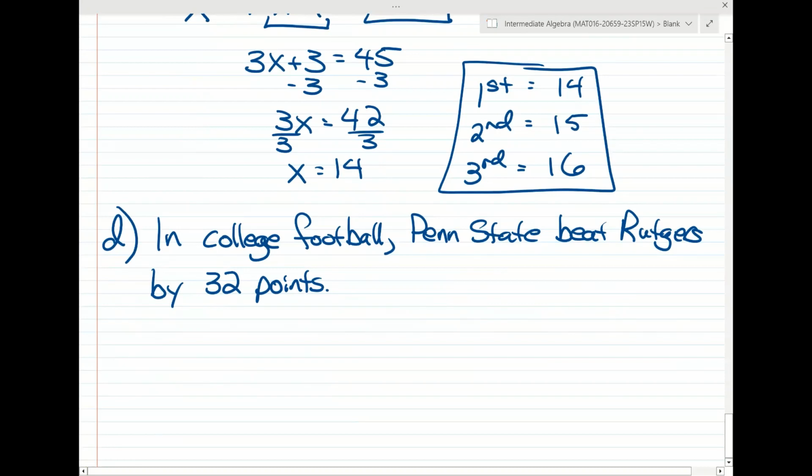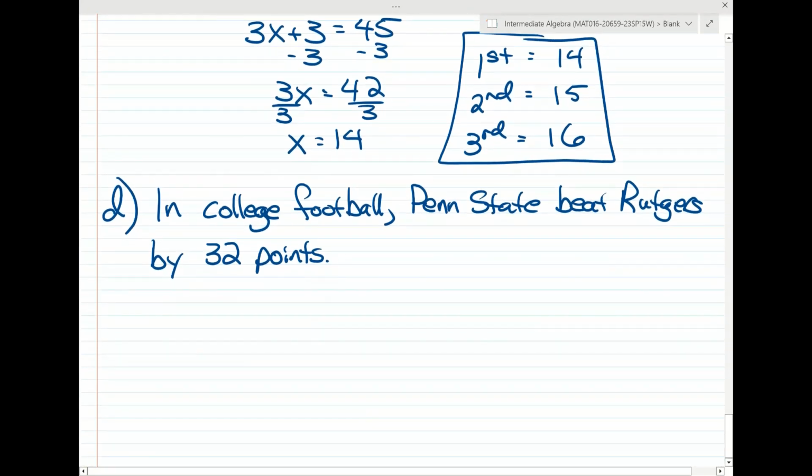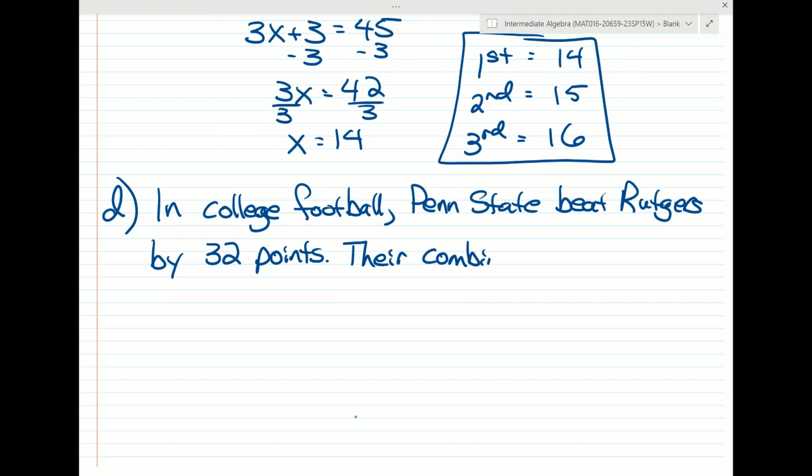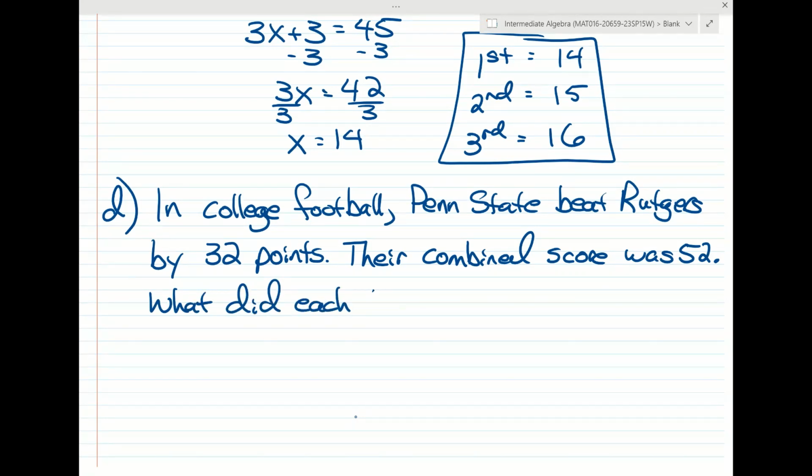That's why they won by 32 points. Their combined score was 52. What did each team get? What was the score of each team?